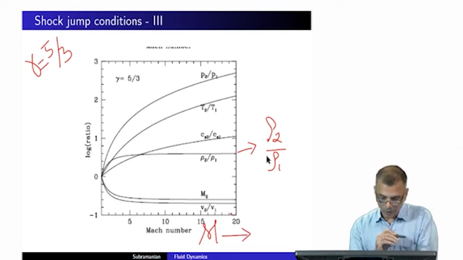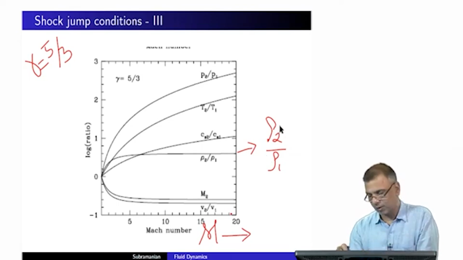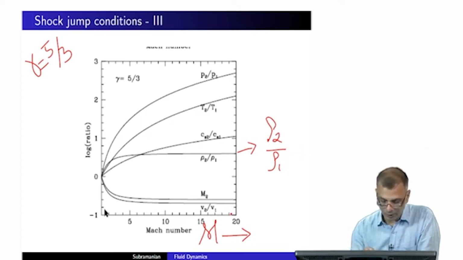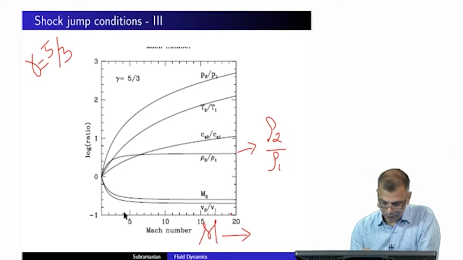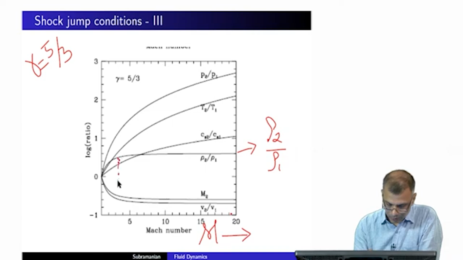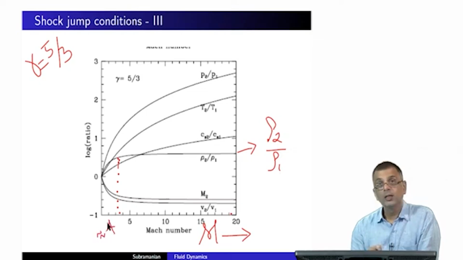This shows that the ratio of the downstream density to the upstream density increases with Mach number. It increases a little bit, and then it plateaus off. Beyond a Mach number of about 4, the density jump pretty much plateaus off.